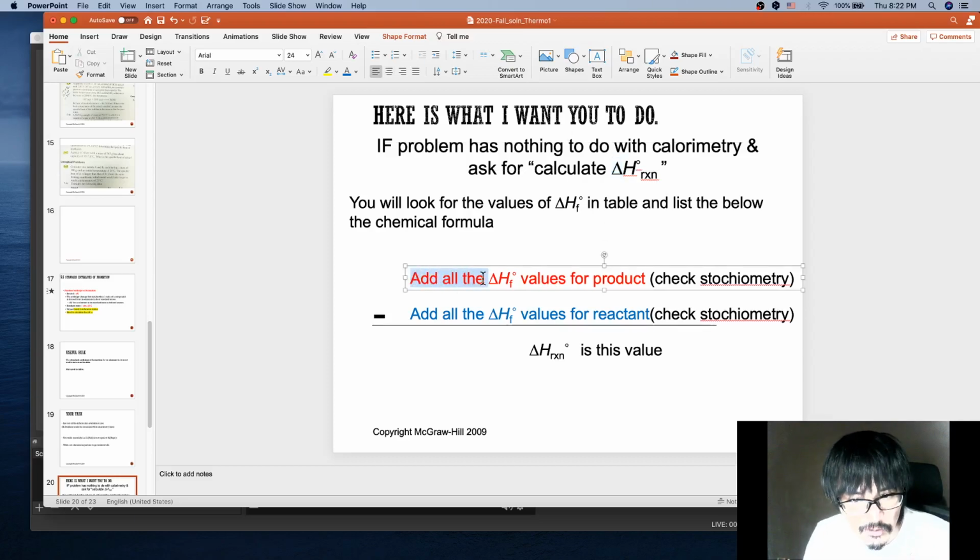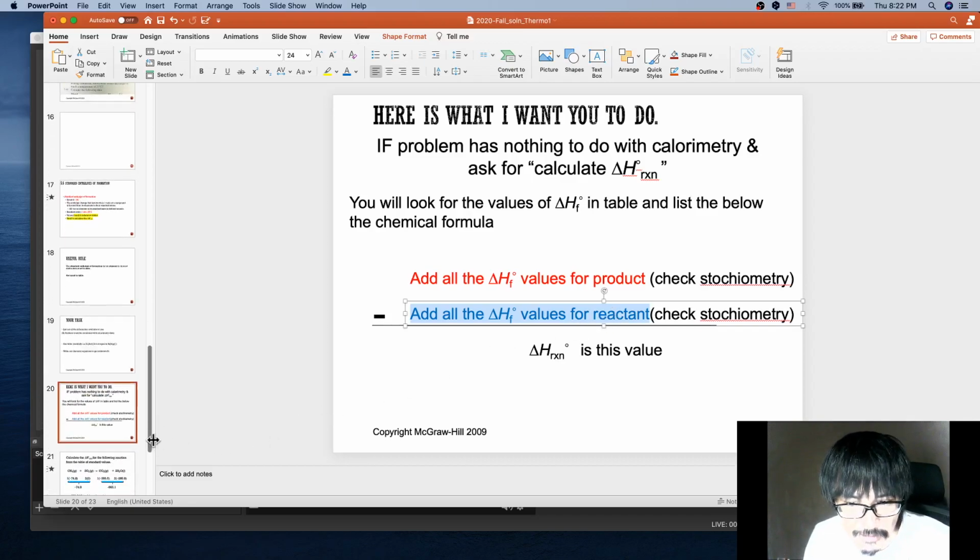So add all the delta H f values for the products minus all the delta H f values for the reactants. If you subtract one from the other, you get the delta H of the reaction.